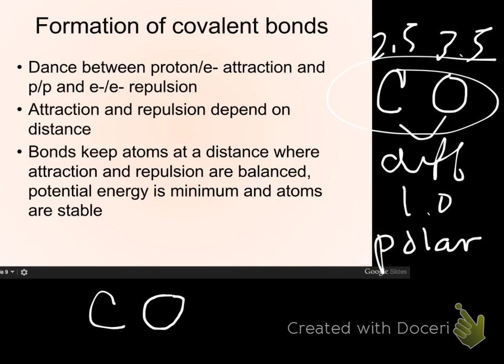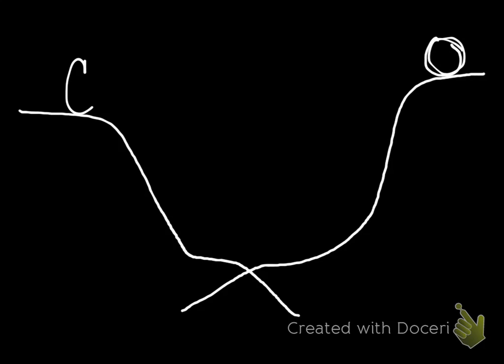This is like a teeter-totter, to use another metaphor, where you're balancing attraction and repulsion, and at some point you get a balance. That's where the bond forms. So bonds form where energy is at a minimum. Let's draw that. Remember, we talked a little bit about this as being a metaphor. One good metaphor is the hillside for potential energy.